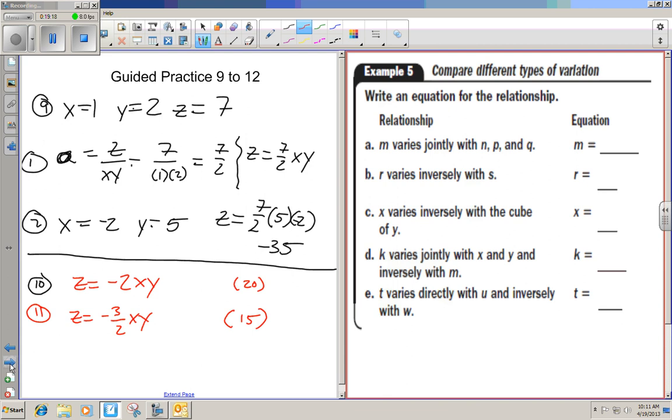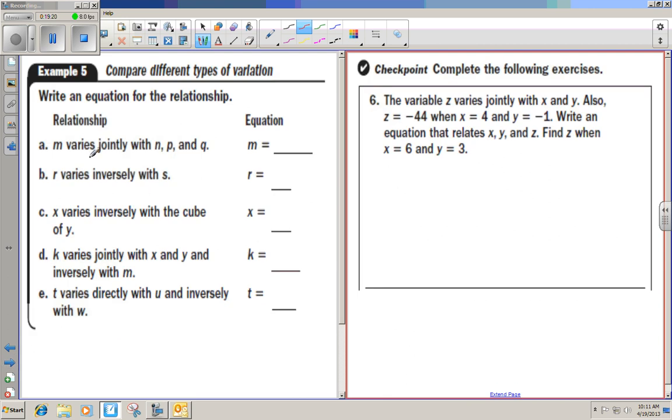All right, comparing the different types of variations. So writing the equation given this information. M varies jointly with N, P, and Q. So M varies jointly. That means M equals a constant of variation times the product of all the extra variables. So remember, this A is the constant of variation, A NPQ.